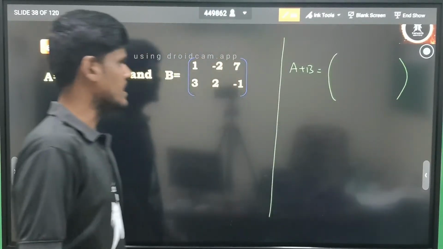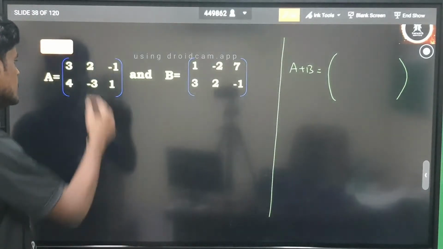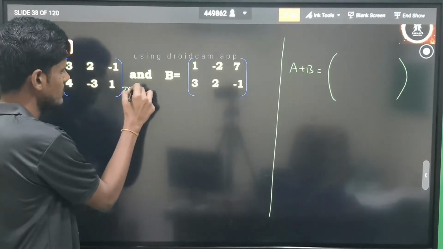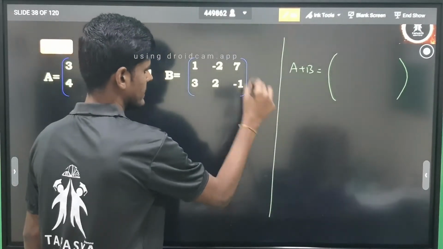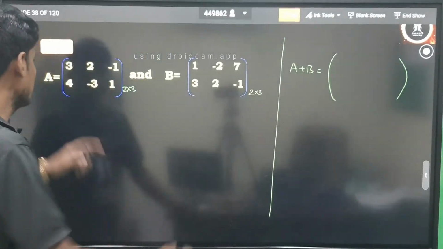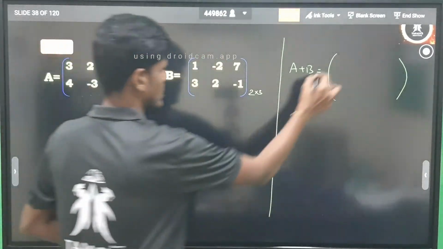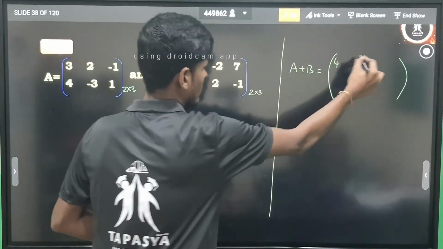What is A plus B? A plus B is a matrix. First we need to see if both the matrices have the same order or not. What is the order of matrix A? 2 rows and 3 columns. So the order is 2 cross 3. Second matrix again 2 by 3. That means what we need to do is add the corresponding elements. That is 3 plus 1, 4. 2 minus 2, 0.